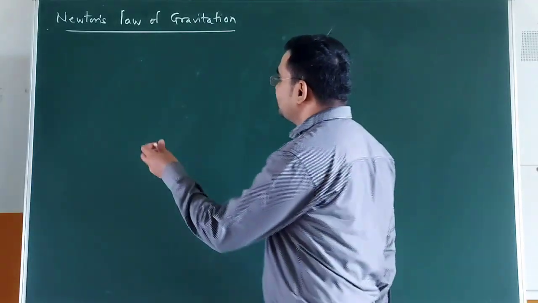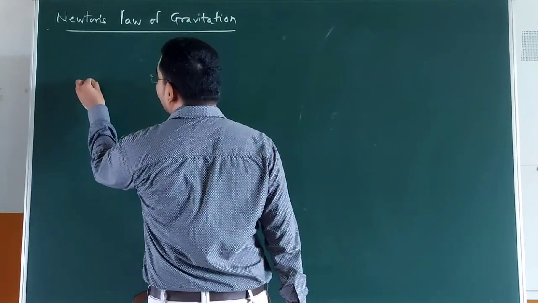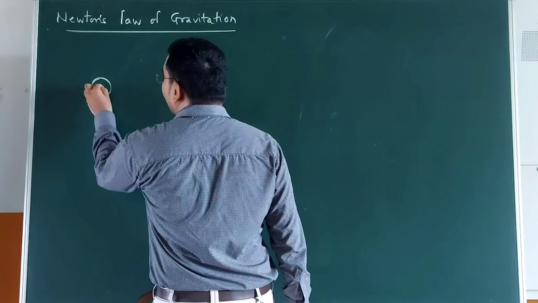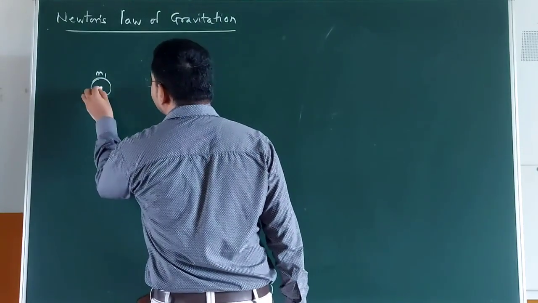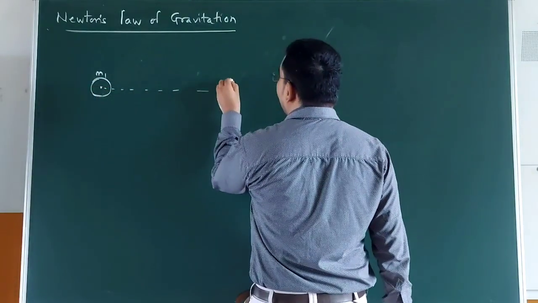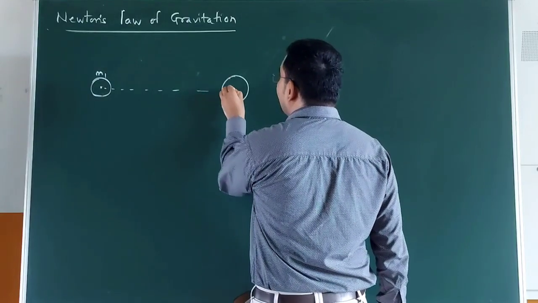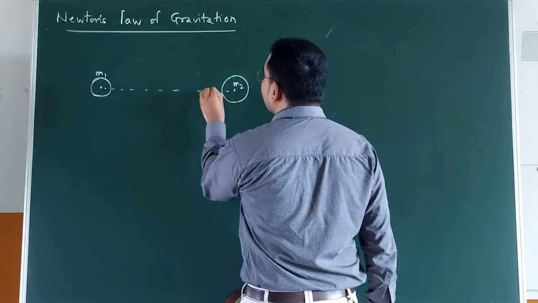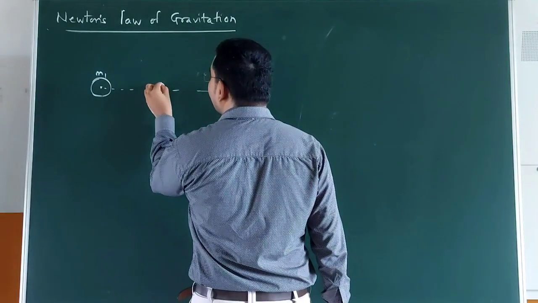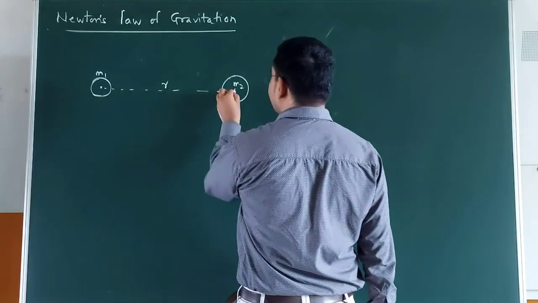According to Newton, suppose there are two objects, an object of mass m1 and another object of mass m2, both separated by a distance R between their centers.